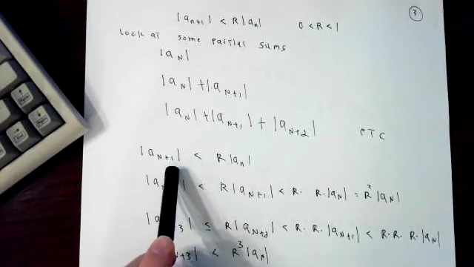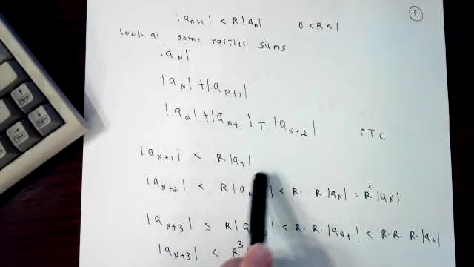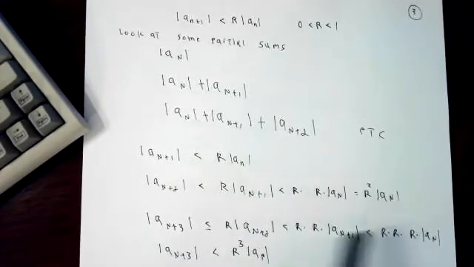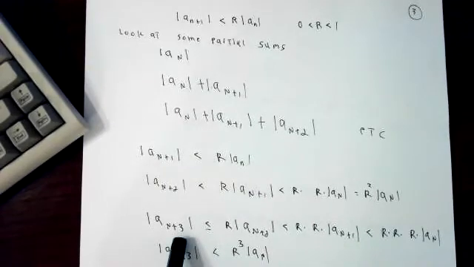And I think it's fairly obvious what the indexing is going to be here. This index is 1 more than capital N, and I have the first power of R. This is 2 more than capital N, I have R squared, 3 more than capital N, R cubed.